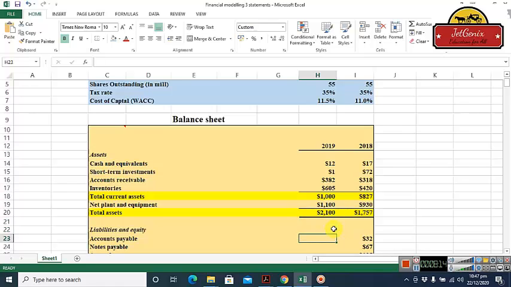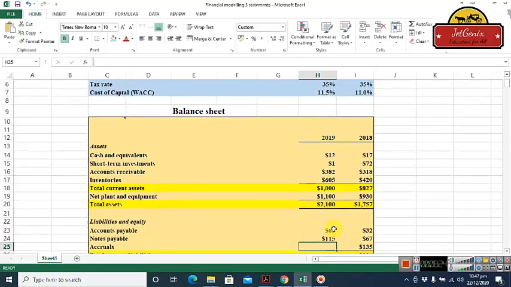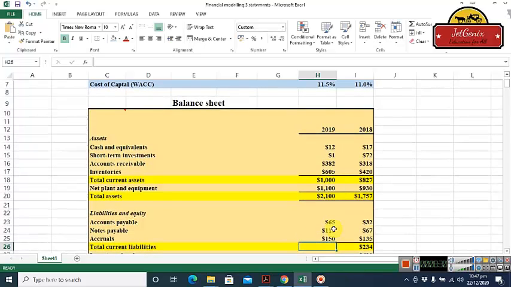Now let me add the equity side as well. So in the accounts payable we have, let's say, 105 million accounts payable, and let's say 150 million of accruals, okay.